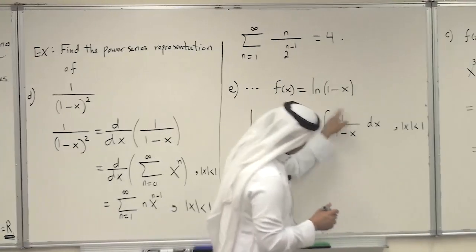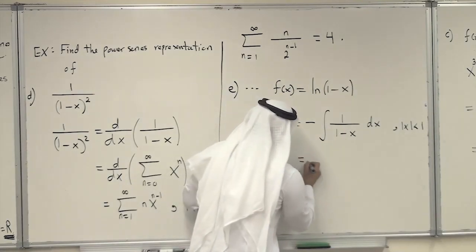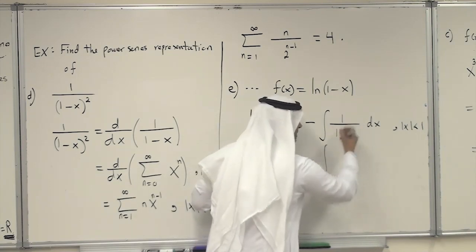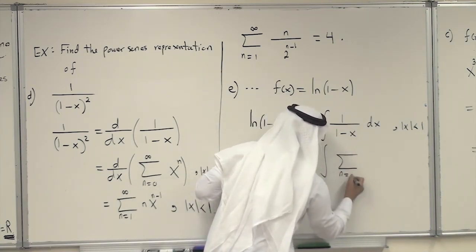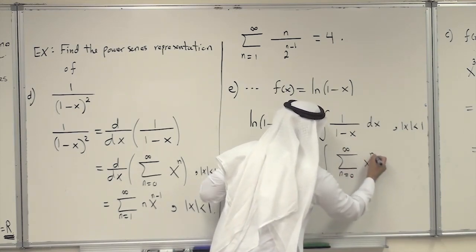Can we represent this one by a power series? The answer is yes. So this is equal to minus the integral of, now I have a representation for that by power series, so I will substitute for it. It's the sum from n equal to 0 up to infinity of x to the power n.